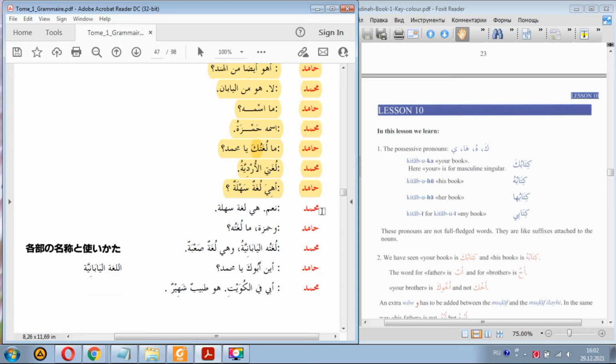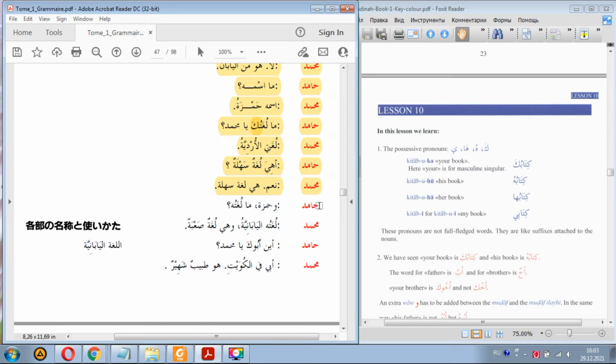And Muhammad answers, Na'am, hiya lughatun sahlatun. Yes, this is an easy language. Hamid asks, Wa Hamzatu, ma lughatuhu? And Hamza, what is his language?